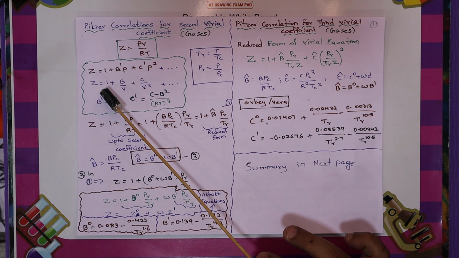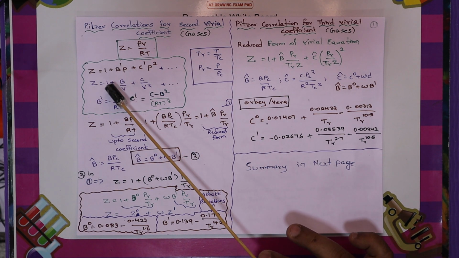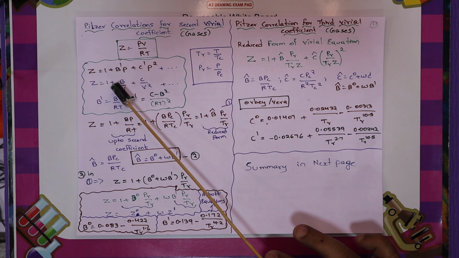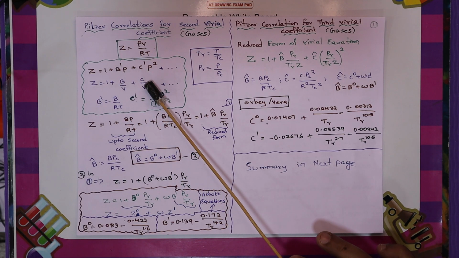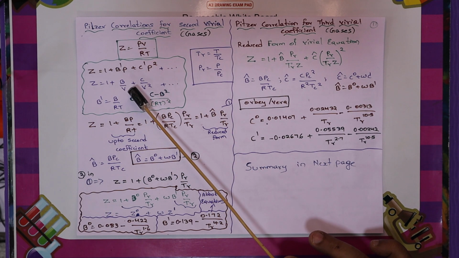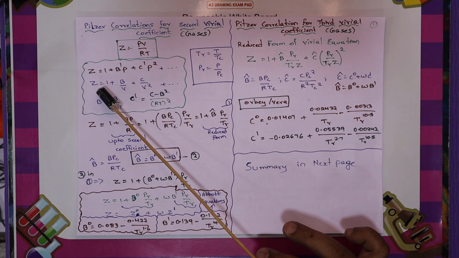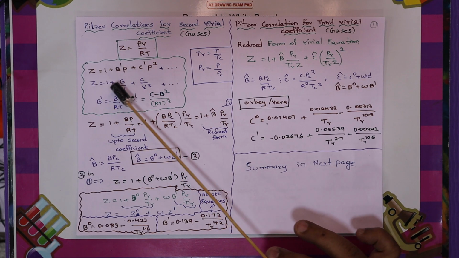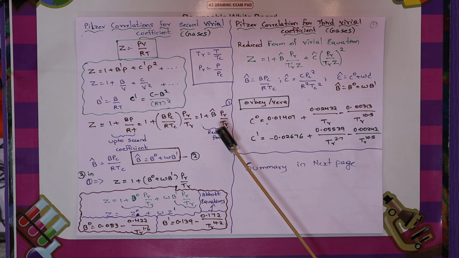If you consider only up to two terms, it is called the second virial coefficient expression. Because it is an infinite series, depending on the accuracy you want, you can include the virial third coefficient as well.